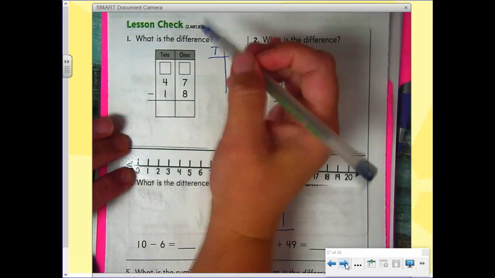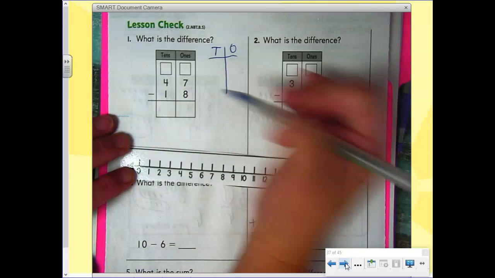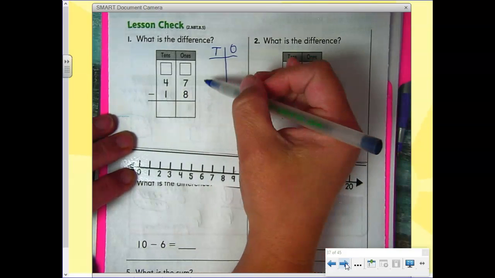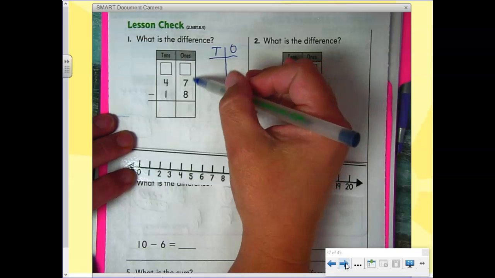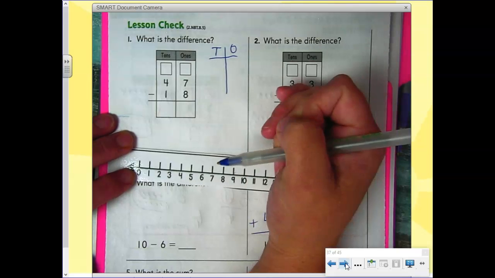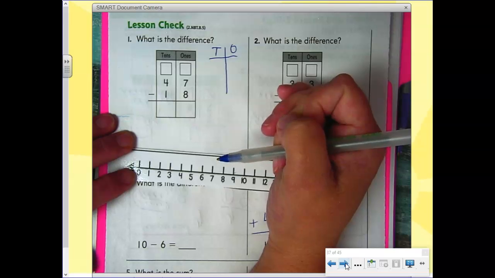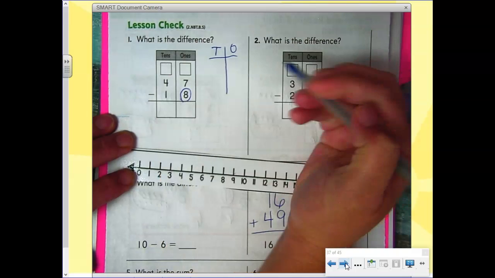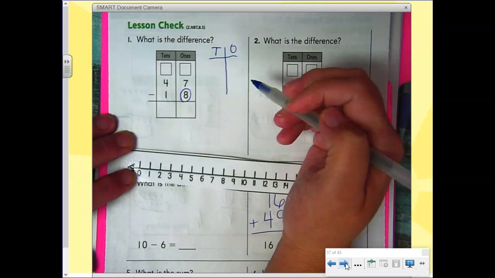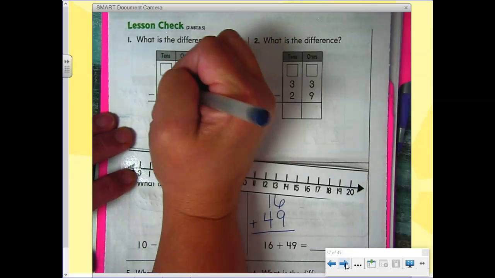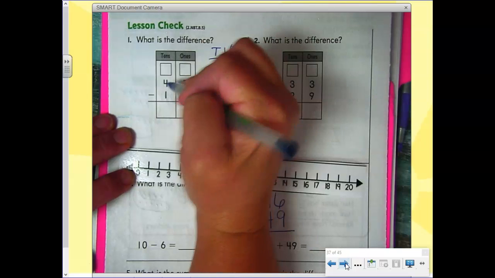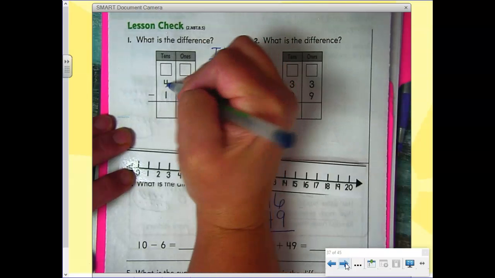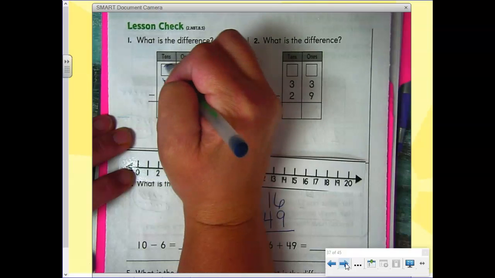All right, so we have 47 minus 18. Let's look at it in the ones column. Start on the right. 7 minus 8. Where's our big number, guys? 8. It's on the what? It's on the bottom. If your big number's on the bottom, we have to go next door and grab 10 more. So if we need to take a group of 10, 4 minus 1 equals 3.